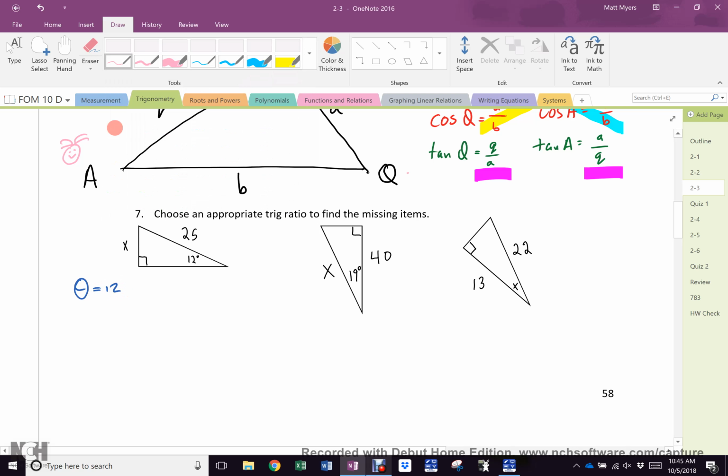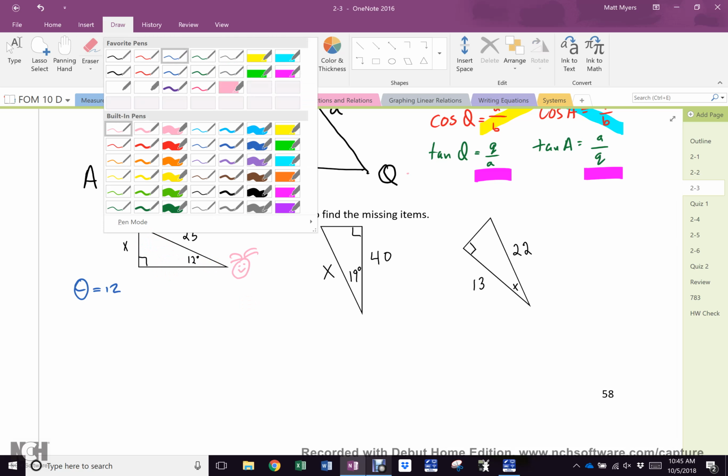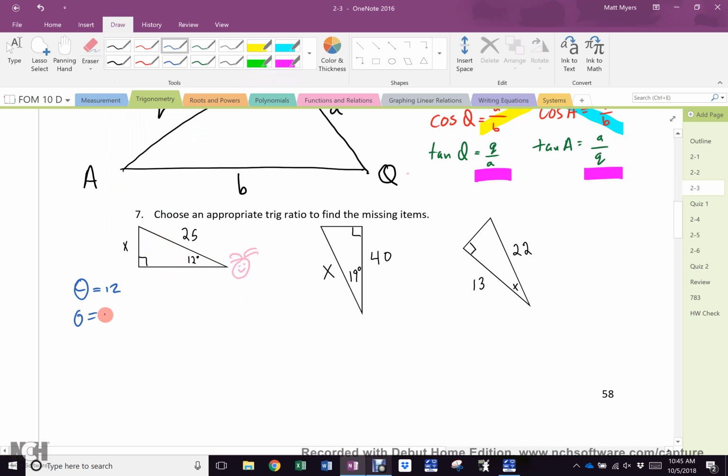At the bottom. Right by the 12, because that's the angle I care about. Now that I'm there, I can decide what is opposite and adjacent, yes? What do I have? Opposite. So opposite equals x.